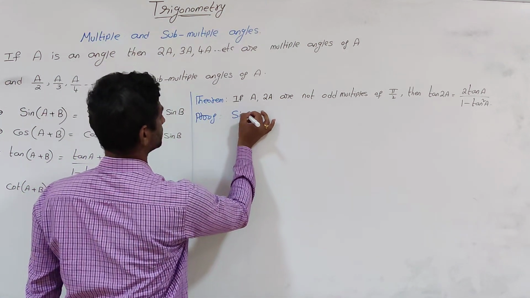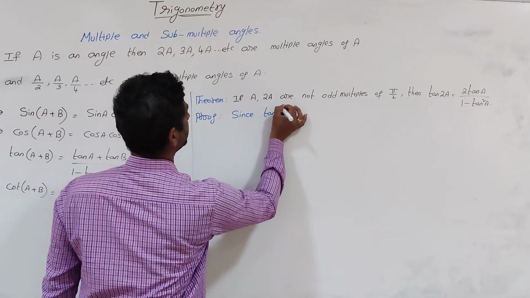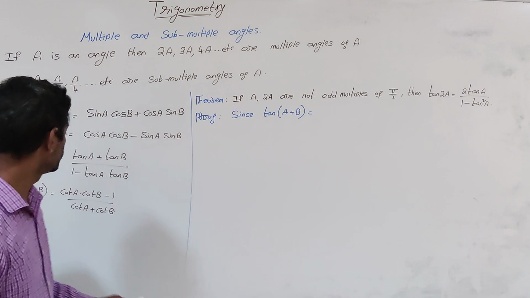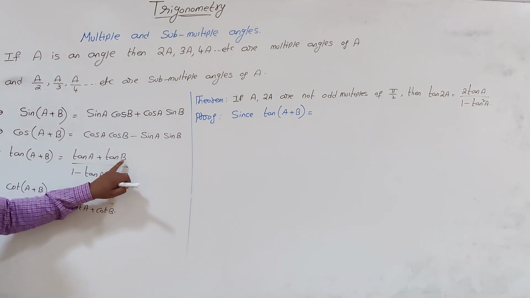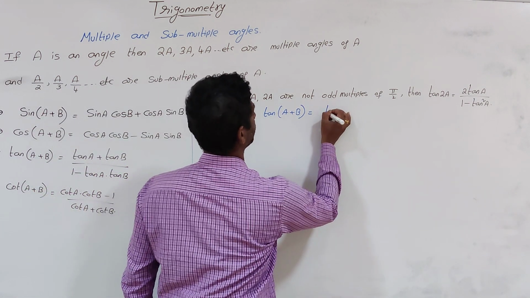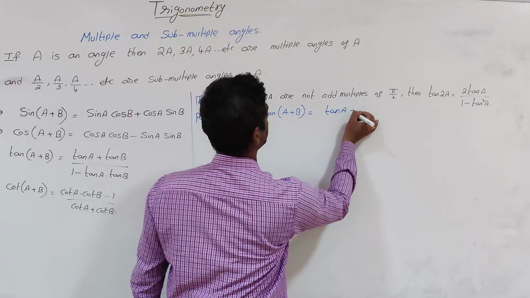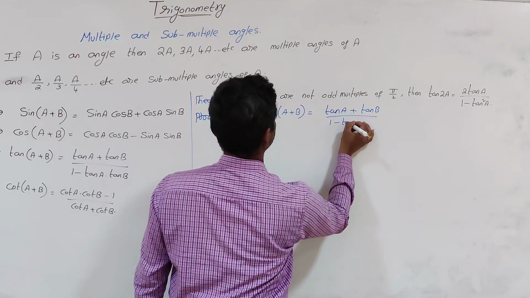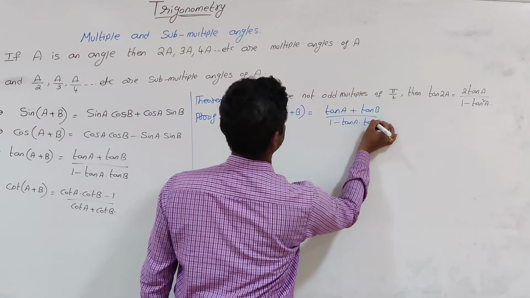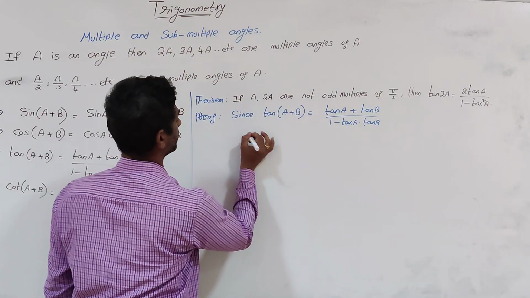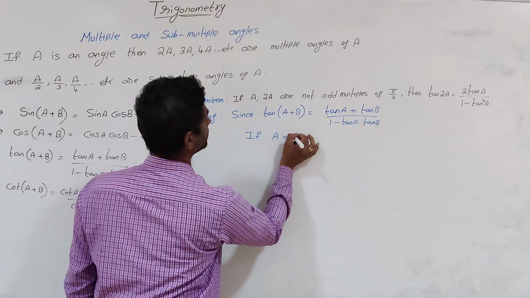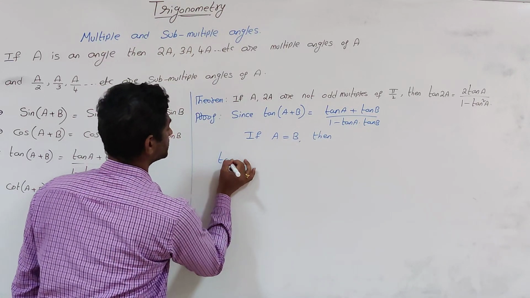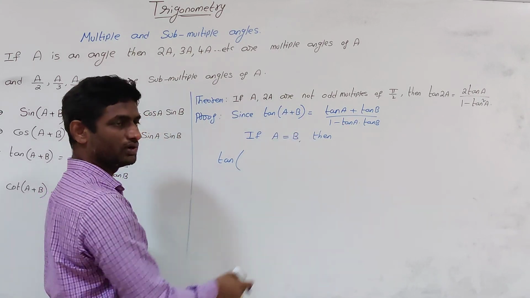Since tan of A plus B, what is tan of A plus B? Tan A plus tan B by 1 minus tan A tan B. If A is equal to B, then replace B with A as both are equal.